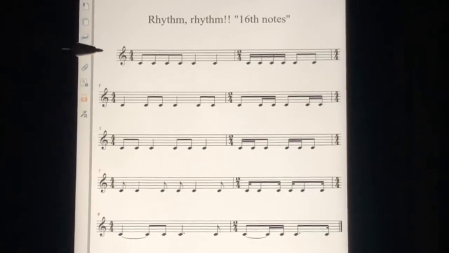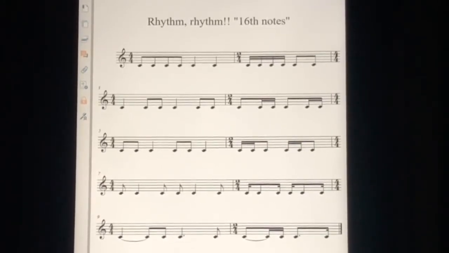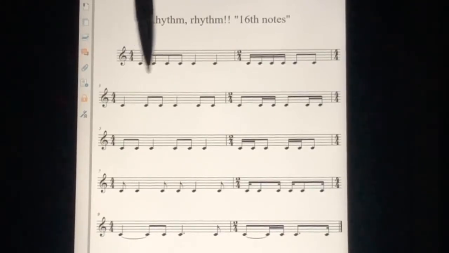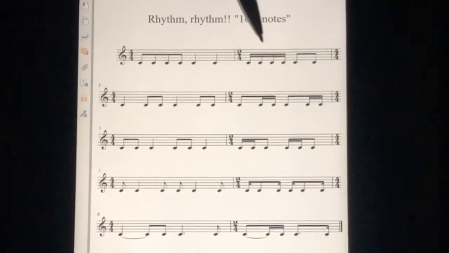Let's see from the first line. They look different, but the value of the second measure is half the value of the first measure. So they sound the same.